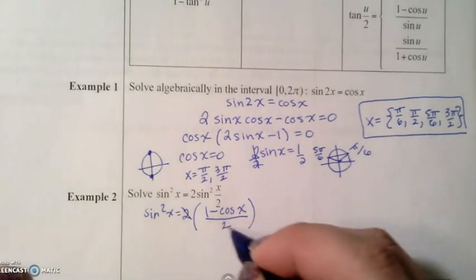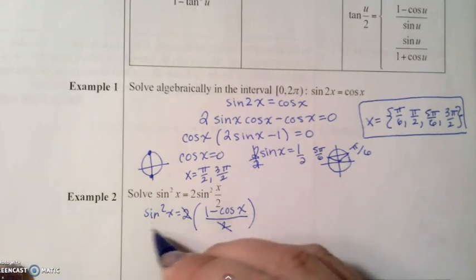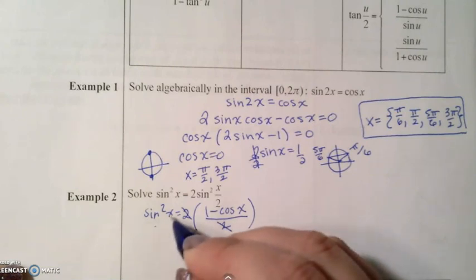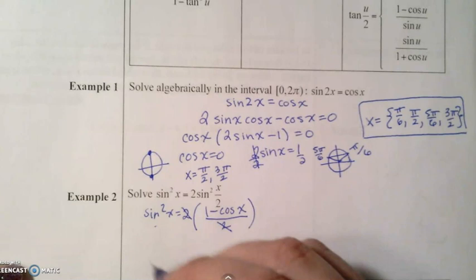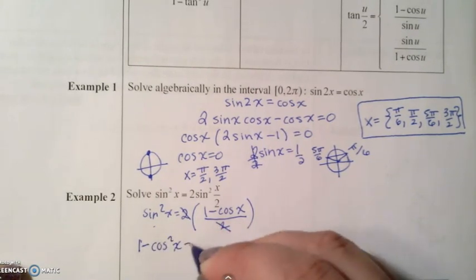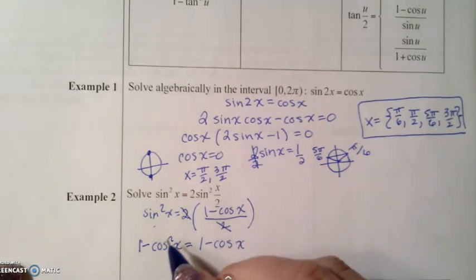Okay, and then the 2's will cancel, and now I have 1 minus cosine of x, which looks very familiar. It's very similar to our Pythagorean identity, so let's go ahead and substitute the left side with the Pythagorean identity. 1 minus cosine squared x equals 1 minus cosine of x. Now I can manipulate both sides of the equation because, again, this is not a proof.